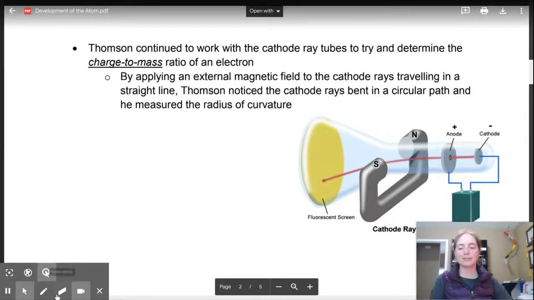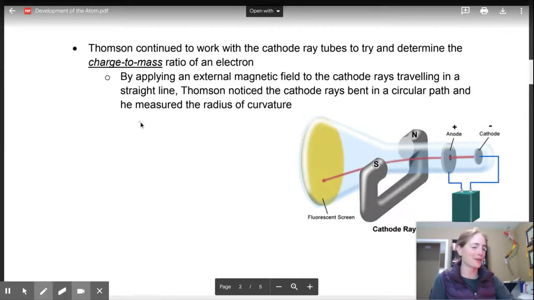So Thomson continued to work with the cathode ray tubes even after he developed his model. What he wanted to do was get what was called the charge to mass ratio of the electron. So remember, ladies and gentlemen, from our previous unit, how Millikan discovered the elementary charge.